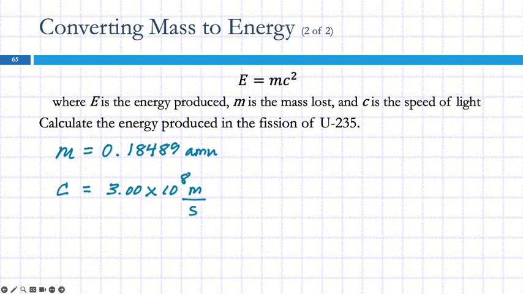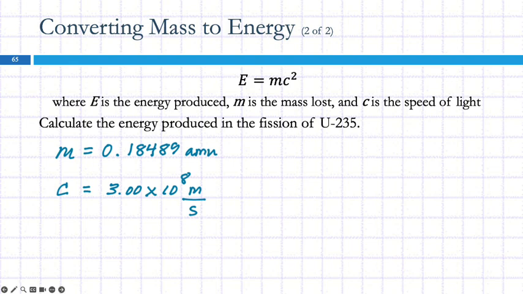If we want our energy to be in a recognizable unit, we can't use atomic mass units. So we've seen how joules and coulombs and amps and volts and all these different units are related to each other through base units.